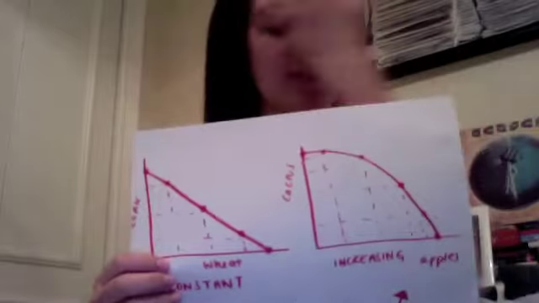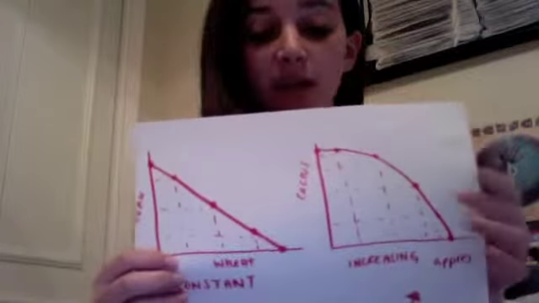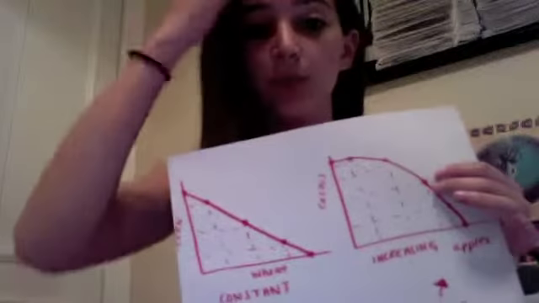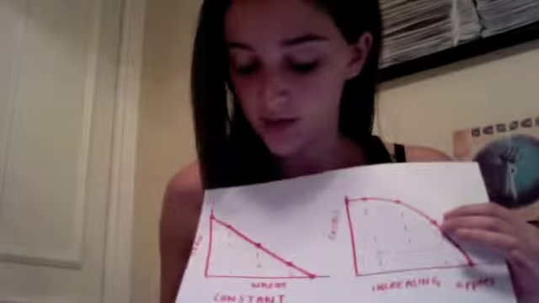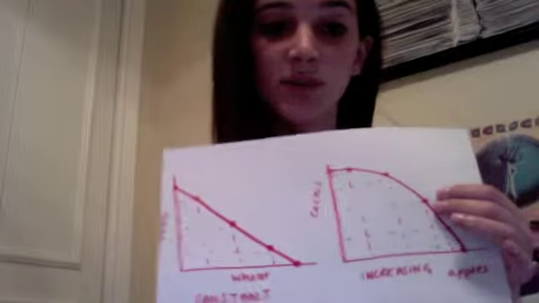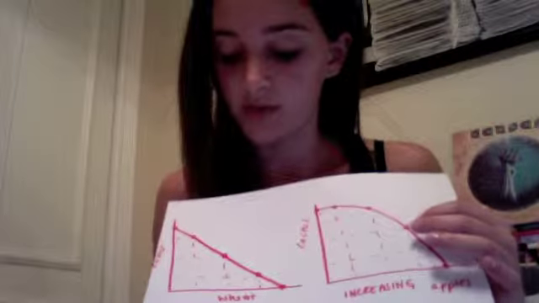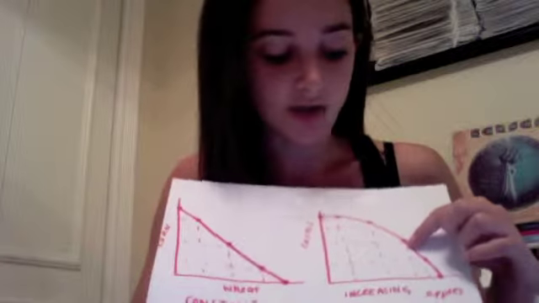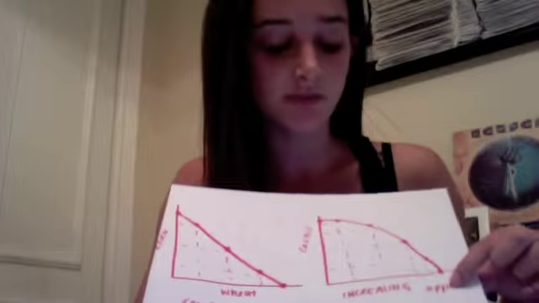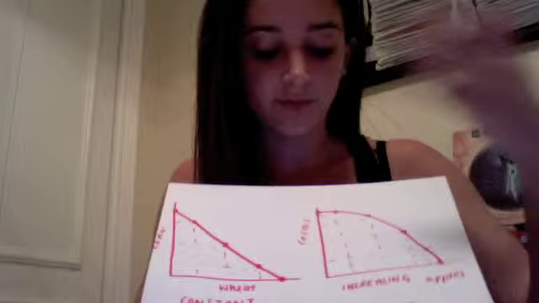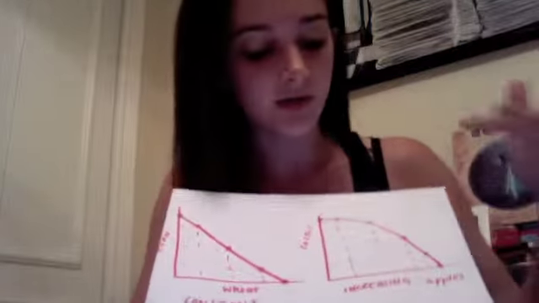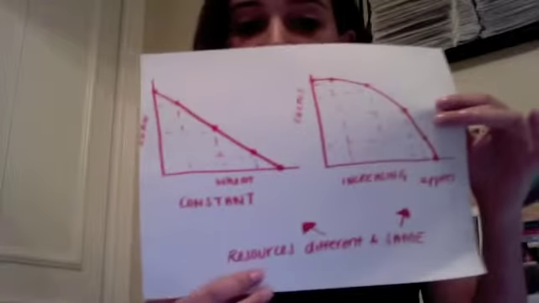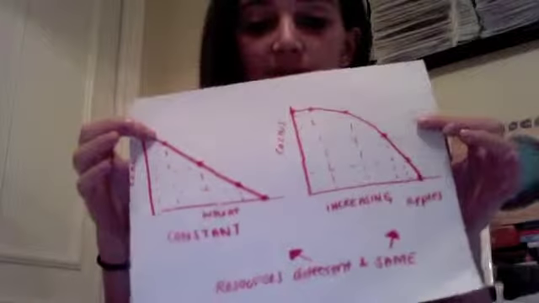Constant is when you use the same resources to make both things, like corn and wheat, where you use the same resources to make corn as you do to make wheat. Increasing opportunity cost is when you have 2 different resources to make these things. You might have more resources to make one and less to make another, so that's why you get that. These are the 2 types of PPC curves.